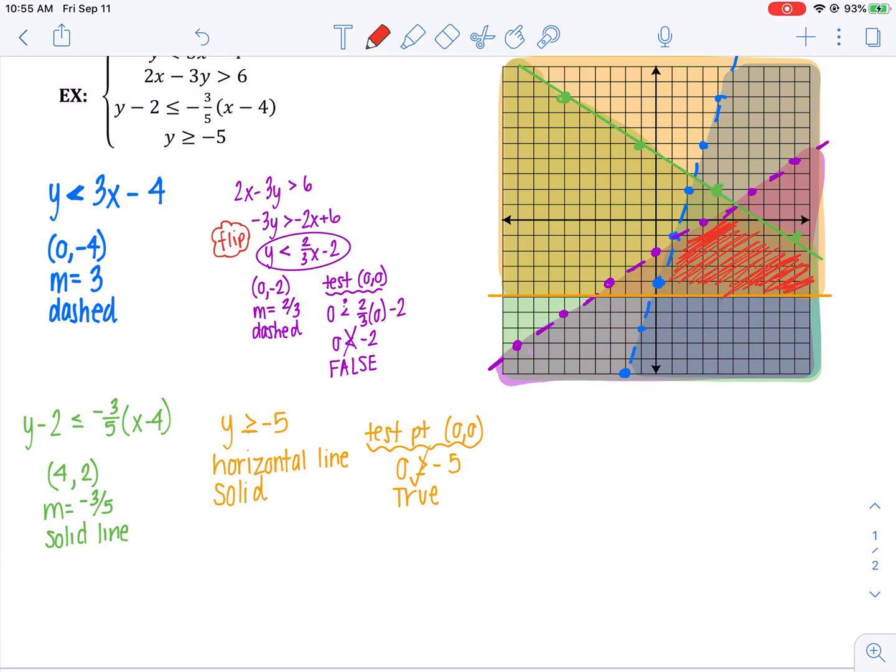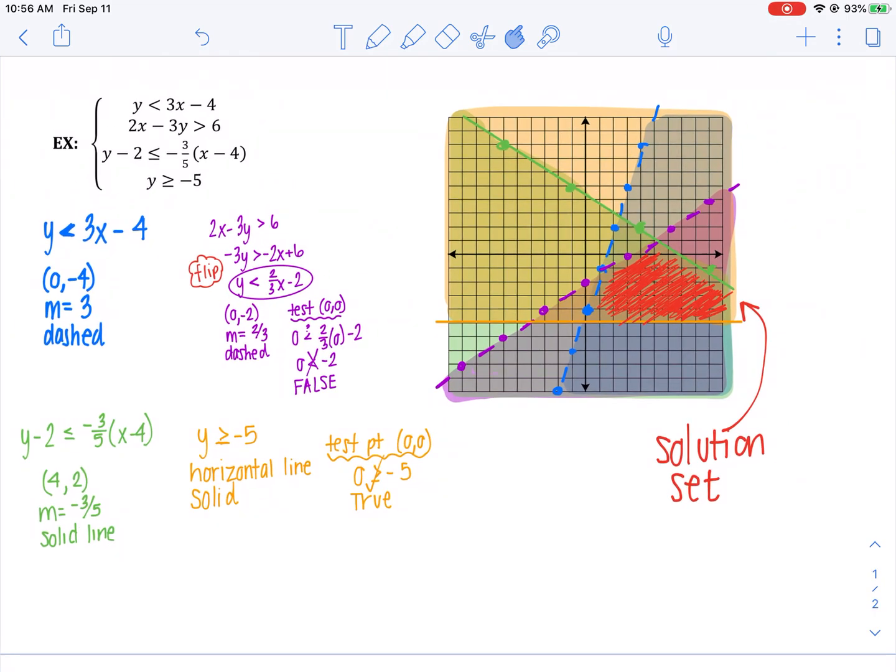All colors overlap, all your arrows would overlap, all your lines would overlap, and again put an arrow for us and tell me solution set, solution area. Okay, every point in that red area is true for all 4 inequalities. It has to be true for all 4 in order to be the solution.